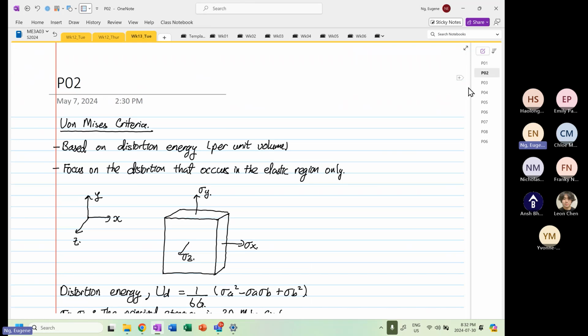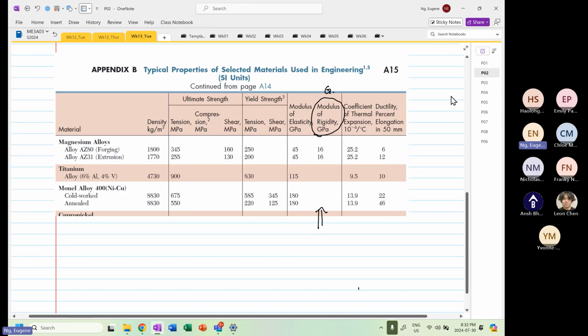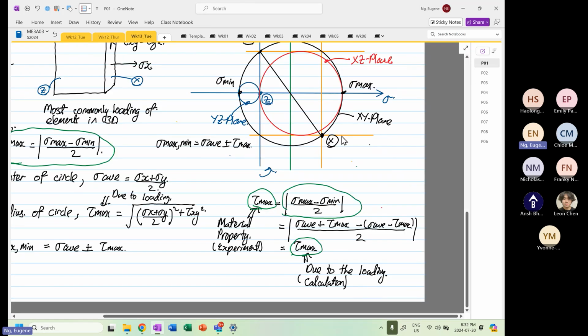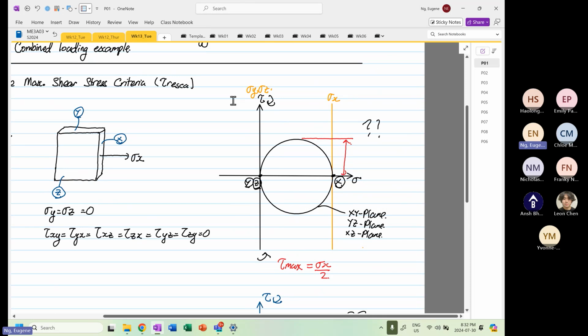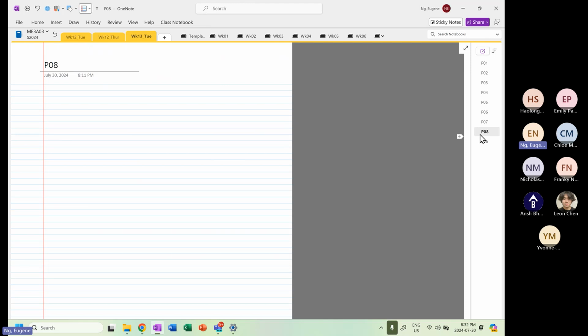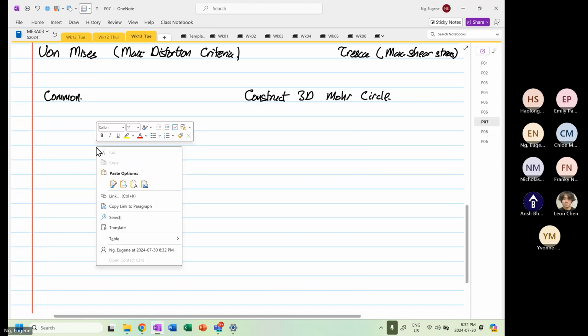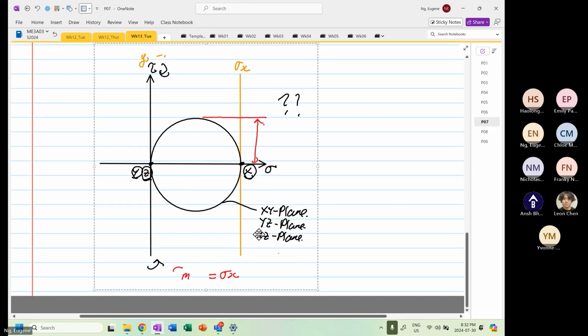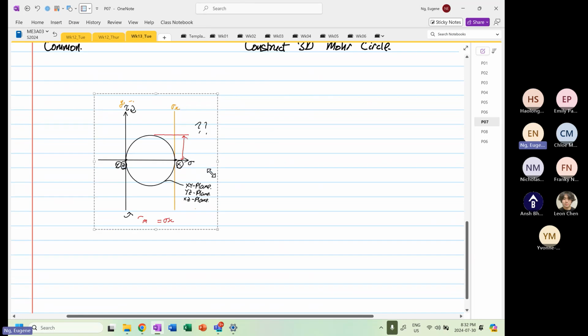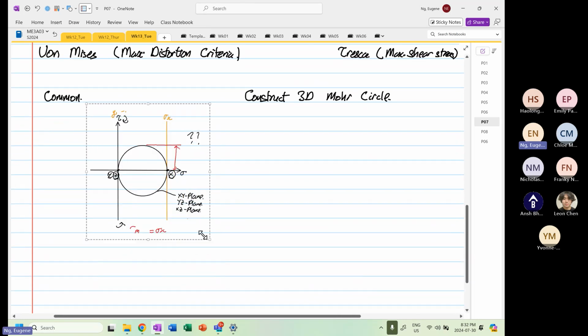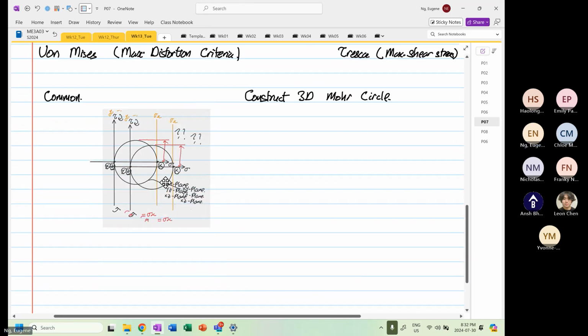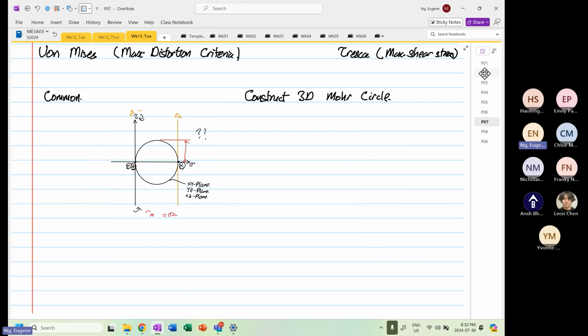The Mohr circle can look like what I've drawn earlier for all of you to see, or the Mohr circle can end up like this. So there are two possibilities.